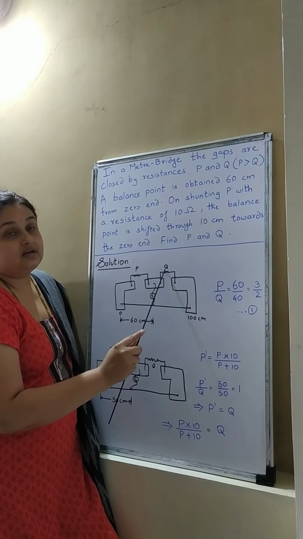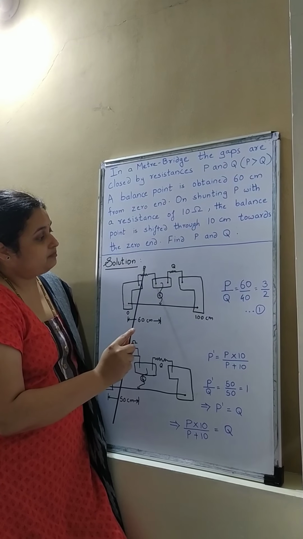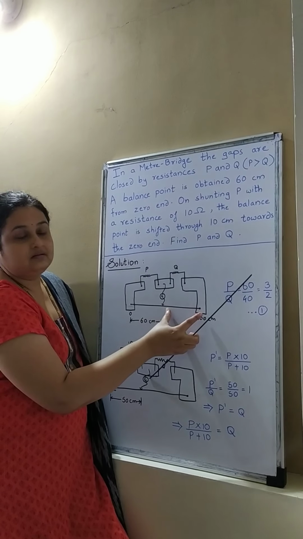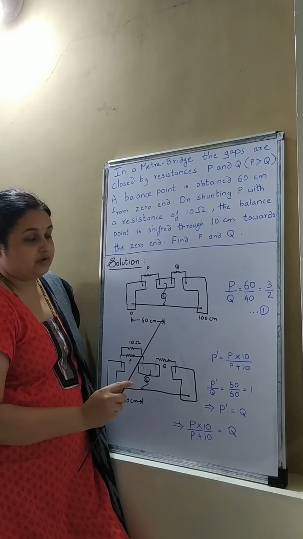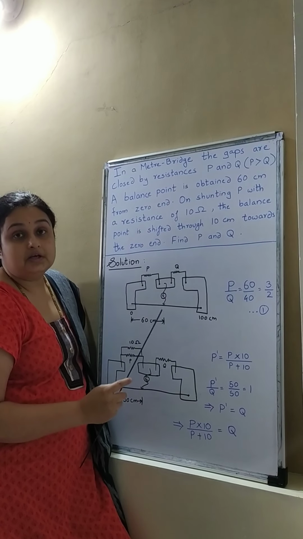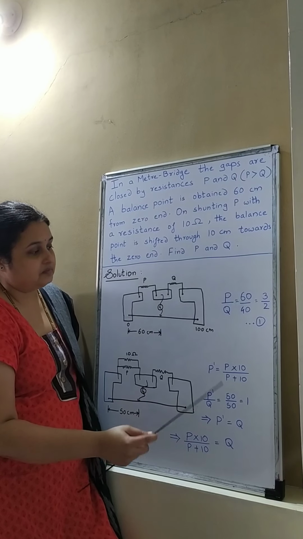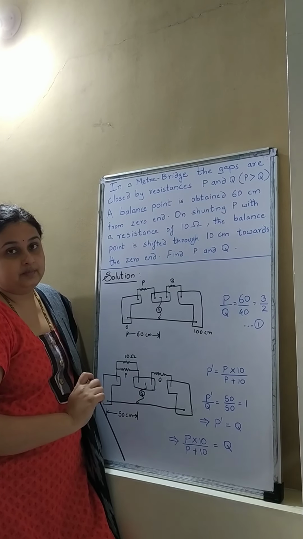Because P is greater than Q. Only then the bridge will be balanced, is it not? If P is greater than Q, this length should be greater than this length, right? So I have 60 centimeter over here, and we know in a meter bridge it is 1 meter wire, that is 100 centimeter. So this is going to be 40 centimeter.